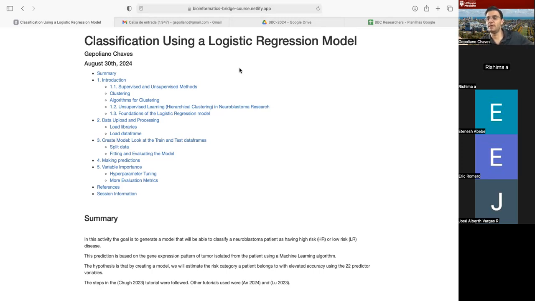So when I say label, I am talking about the classification that a sample has. In this case, we have high risk neuroblastoma or low risk neuroblastoma.